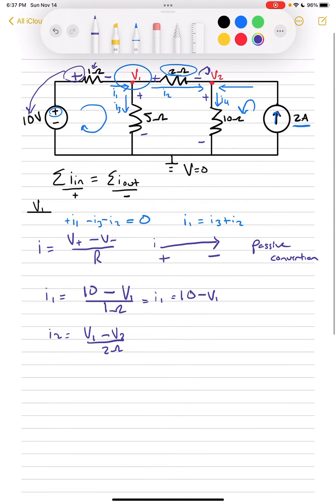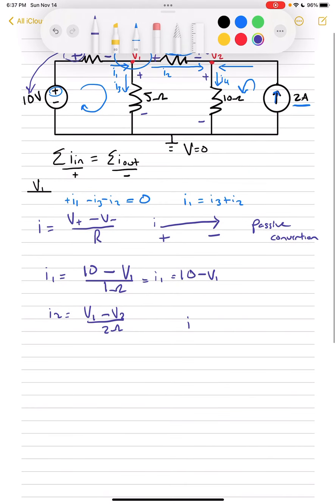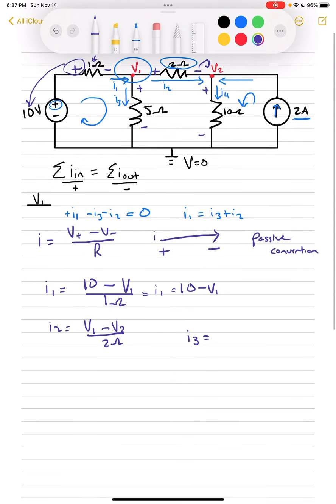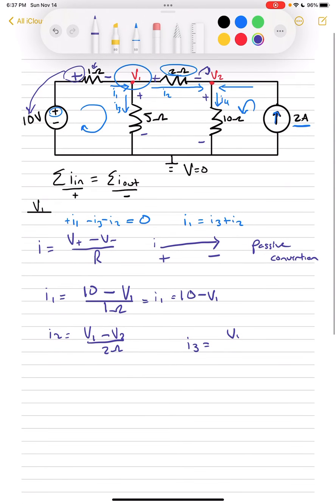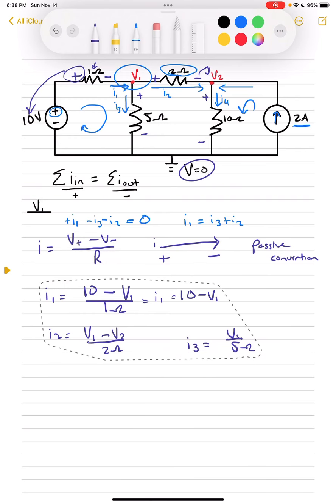Okay, and then I3 is going to be equal to, at the positive terminal, we have V1, and at the negative terminal, we have this ground, which is 0. We see that that's 0, so that means it's V1 minus 0, which really means it's just V1 over 5. Okay? Let me just reorganize this here so that we can have some more space.